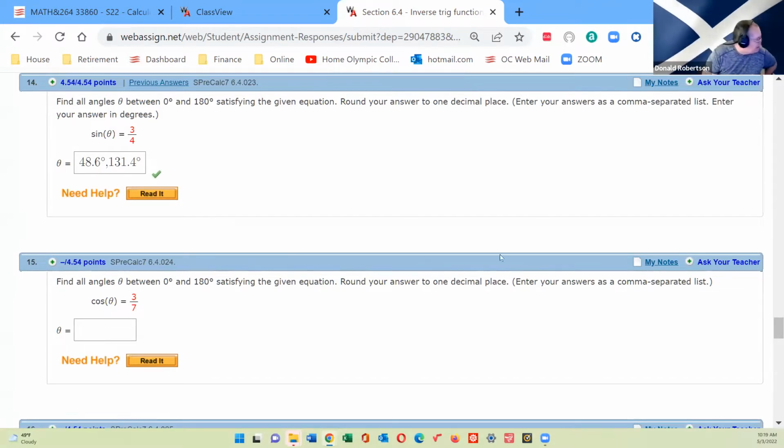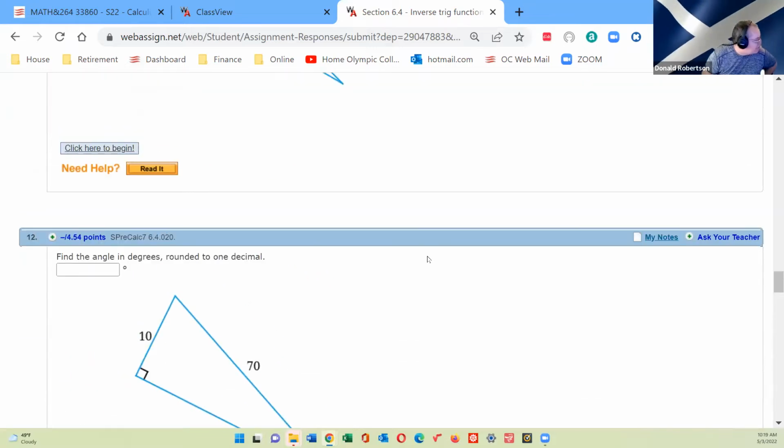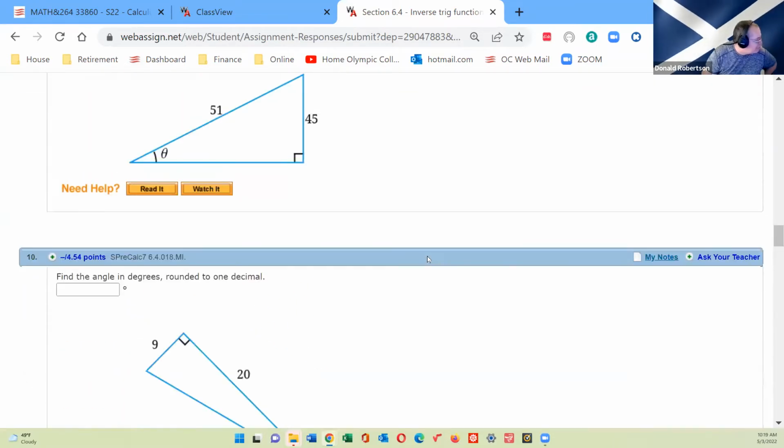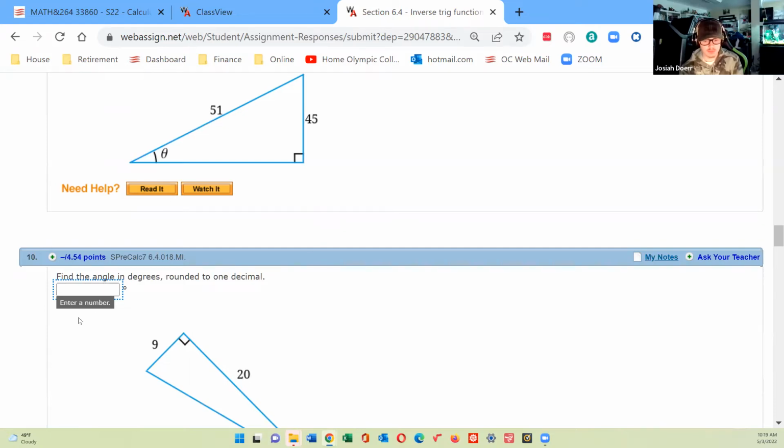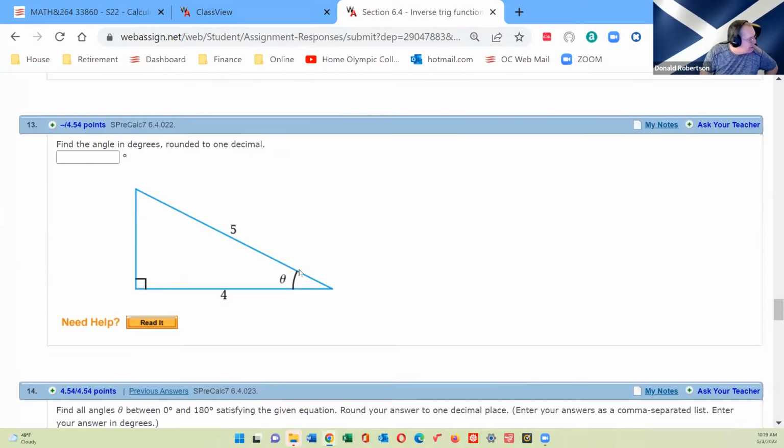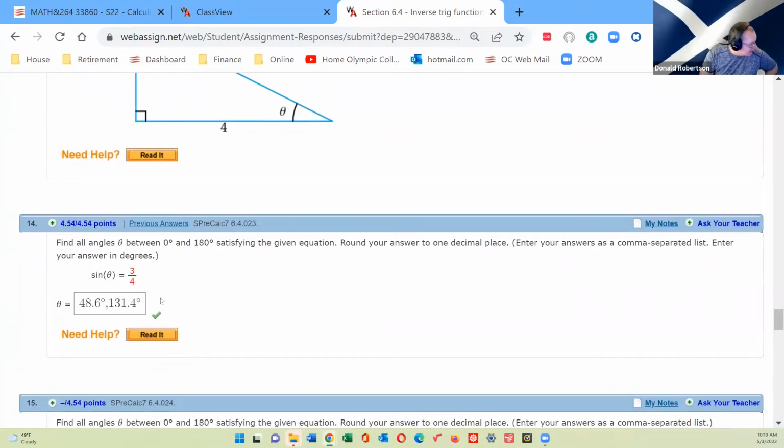Now, there is a question, I remember seeing it, where they had a degree symbol already outside the box. Now, I bet money if I put 47.2 degrees inside that box, won't WebAssign also go and say I'm wrong? So why some questions, they give you the degree symbol, in which case you don't need to do it, and other questions where they don't give you the degree symbol, in which case you need it.